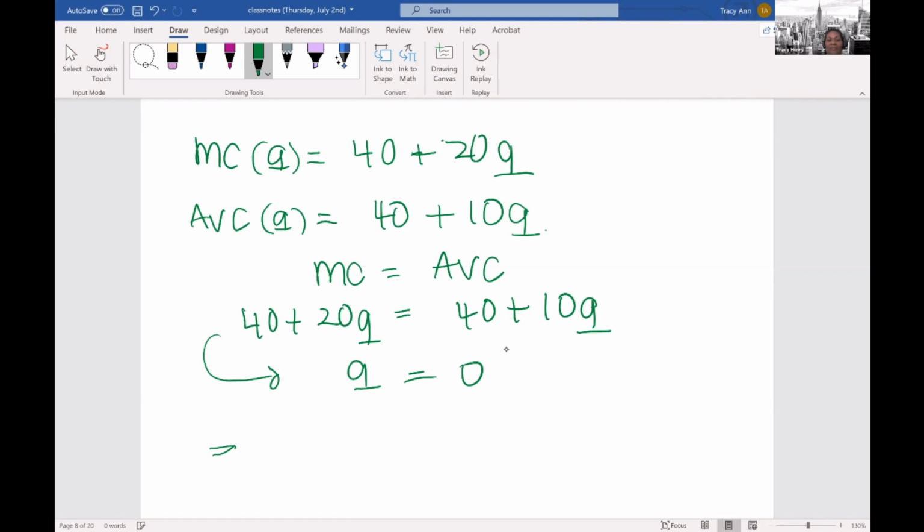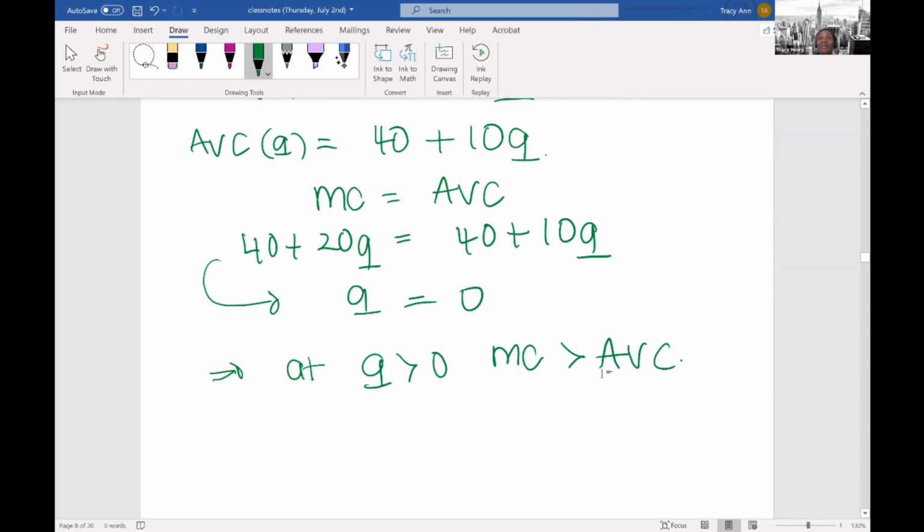So at Q greater than 0, my marginal cost is greater than my average variable cost. And at Q less than 0, which technically you don't produce a negative quantity, my marginal cost is less than my average variable cost. So then I can conclude that the firm's short-run supply, you want to realize that you're writing your supply P as a function of quantity.